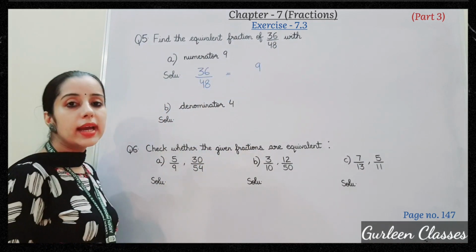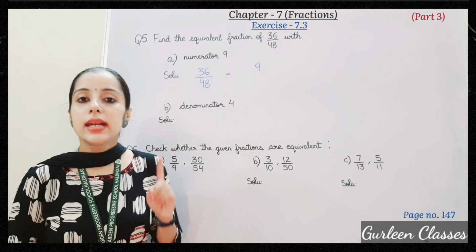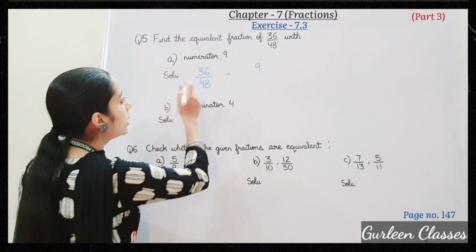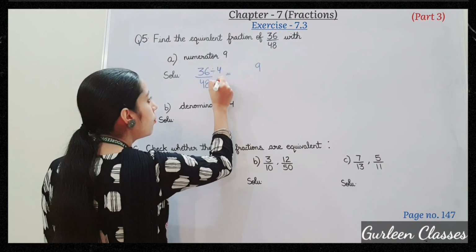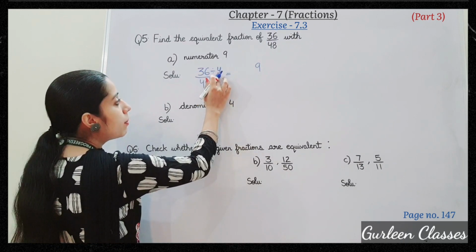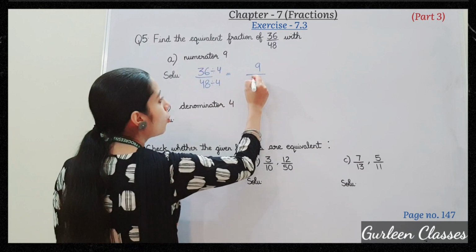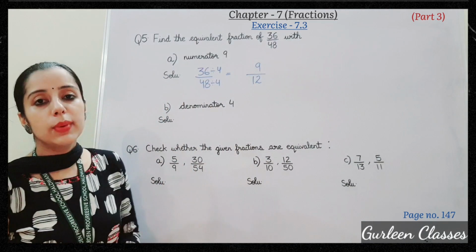What will you multiply 9 by to get 36? 9 into 4 is 36. So we can divide 36 by 4 and divide 48 by 4. 36 divided by 4 is 9. 48 divided by 4, 4 ones are 4, 4 twos are 8. The fraction is 9 upon 12.